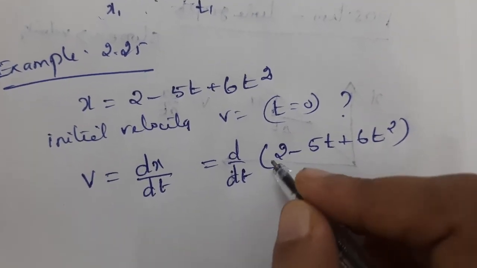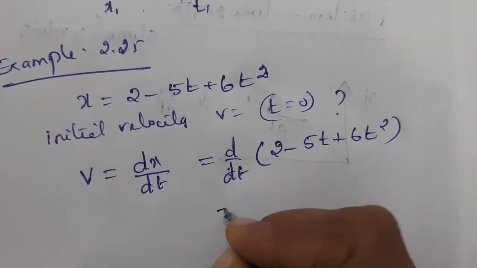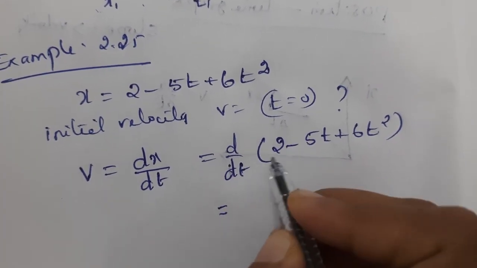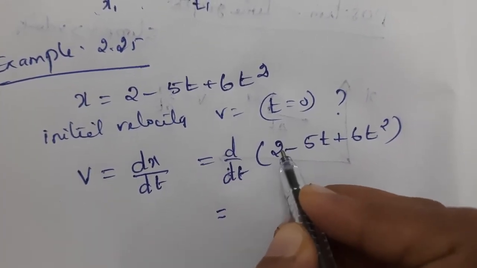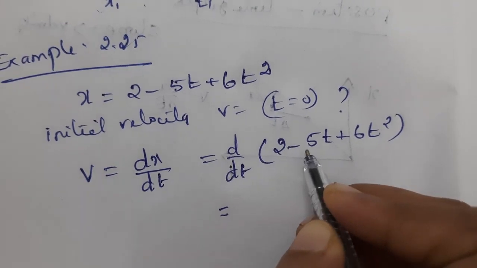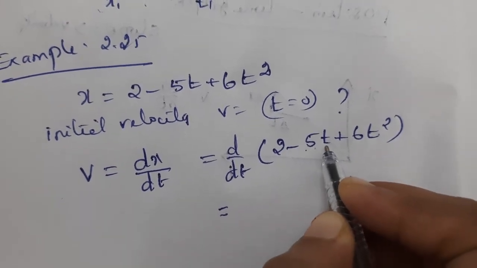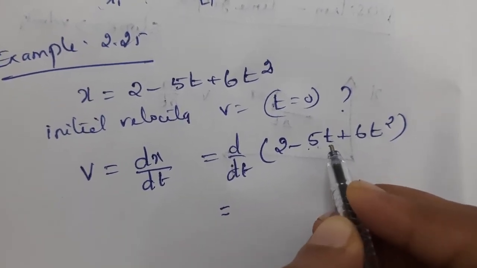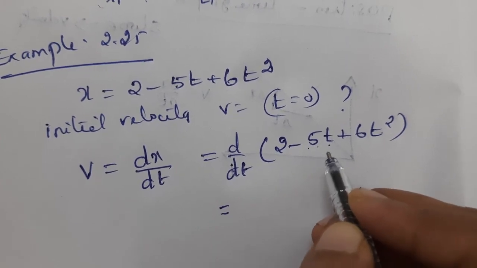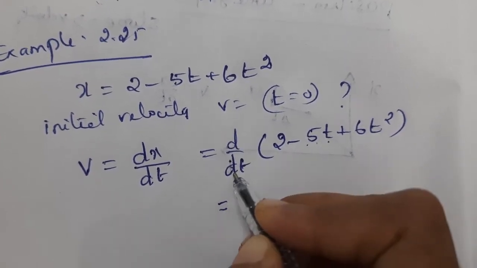That is differentiation. How can we do the differentiation? Differentiation of the constant is 0. Next, minus 5 into t. In the differentiation, dx by dx is equal to 1, so here dt by dt is equal to 1.